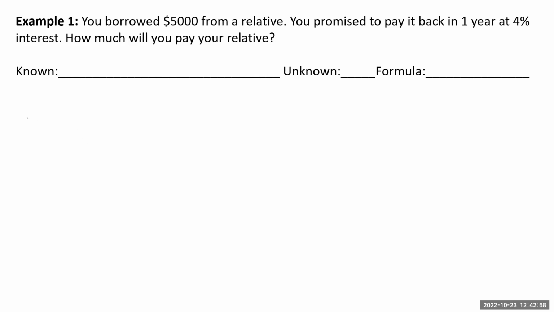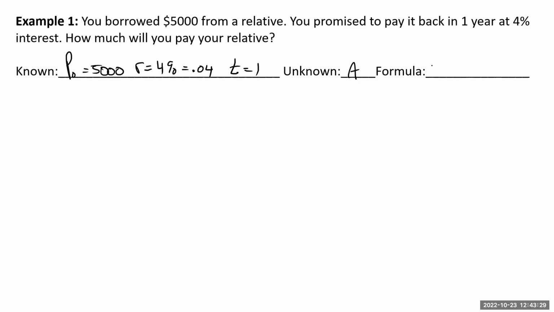So what do I know? Well, I know how much I borrowed. So the amount I borrowed is my principal amount, my initial amount. That's $5,000. I know that I have an interest rate of 4%, and as a decimal, that's 0.04. And I know that I'm going to pay the money back at the end of 1 year, so my T value is a year. What I'm trying to find out here is how much I pay my relative, which is the A value, the amount I'm going to pay back at the end of the time period.